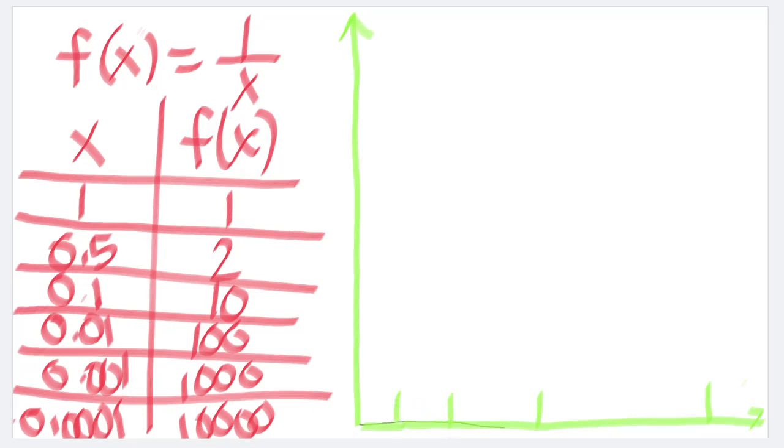And this is 100, 200, 300, 400, 500, 600, 700, and so on. When x is 1, f of x is also 1.